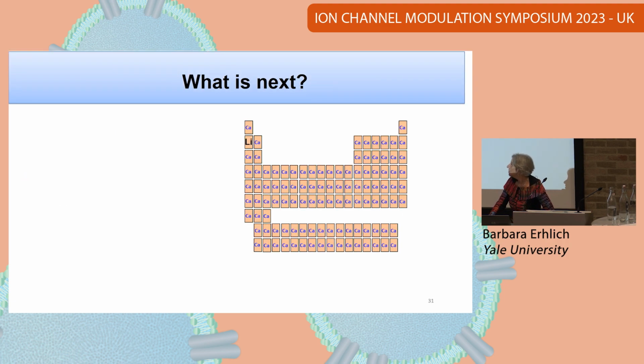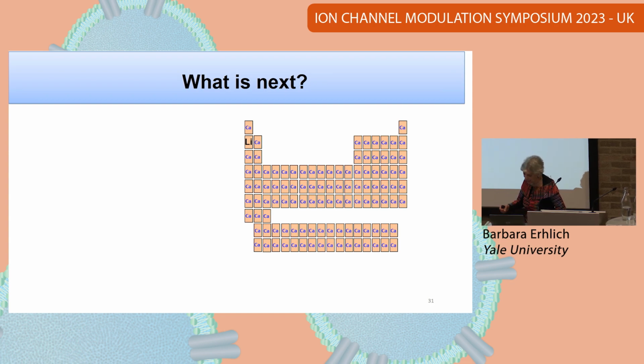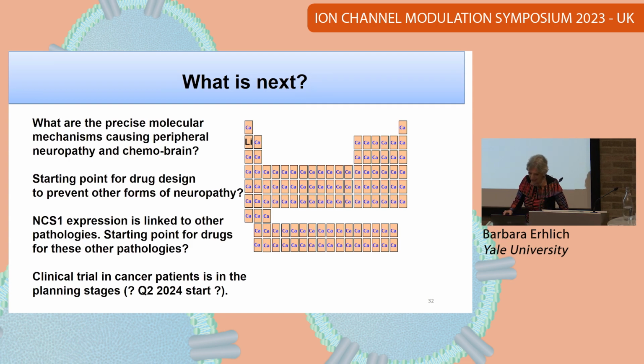Okay, what's next? Well, I have to add lithium. We don't know exactly what's happening, okay? That's one of the things we're interested in: exactly what's really happening to make the neuropathy and chemo brain. We're starting this road to look at other forms of neuropathy, and at better drugs for chemo and neuropathy.